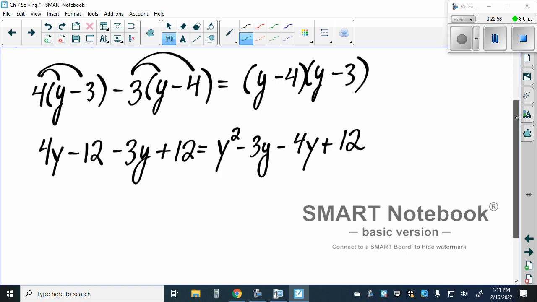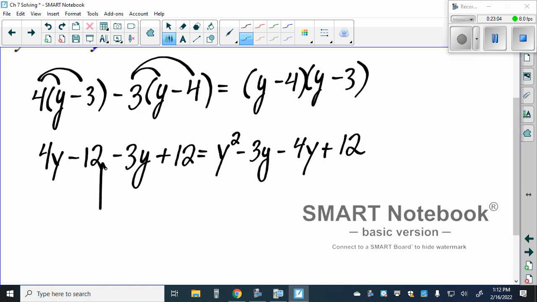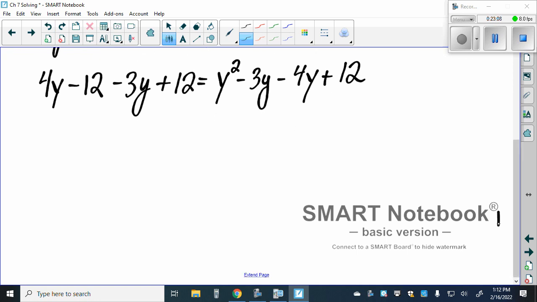Well, the left-hand side of this equation is actually kind of nice. 4y minus 3y would just be y. Negative 12 plus 12 is 0. Okay. So the entire left-hand side simplified to y.